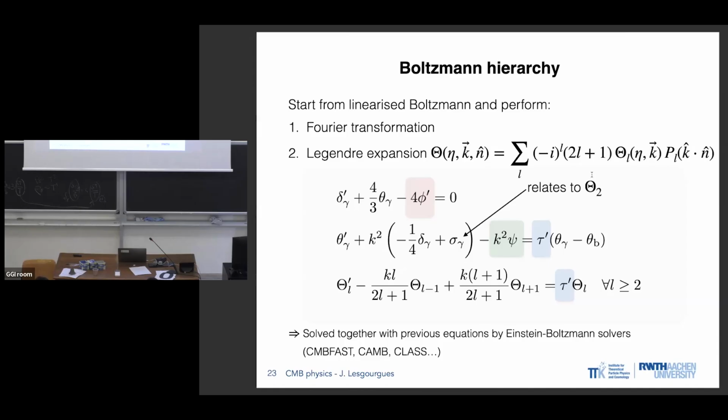So you can identify the two. This is really sigma or theta2 are the quadrupole pattern in the distribution of flux of photons around you as a function of direction. So it's not a surprise that sigma is related to theta2 and theta3.